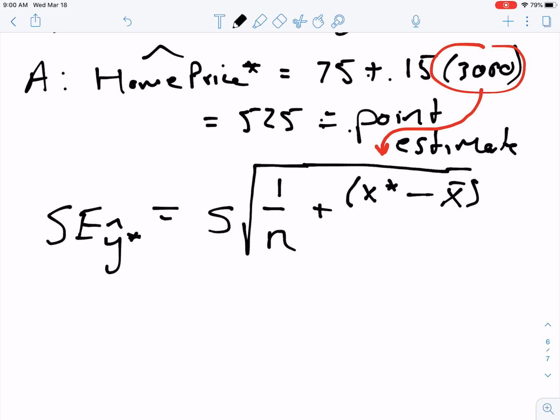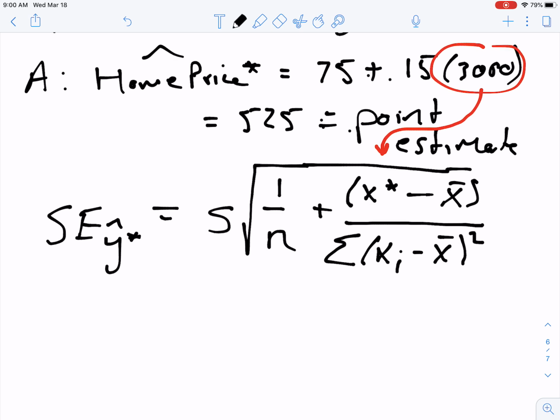Notice that before we were looking at 2,000, so our x star was 2,000 and our x bar was 2,000, so this was 0. So we actually used the same formula, but now it doesn't evaluate to 0. In this case, it would be 3,000 minus 2,000, which would be 1,000. And then we're going to go ahead and divide that by the sum of xi minus x bar squared.